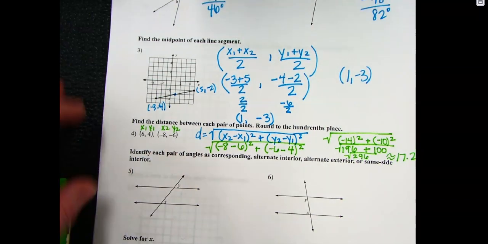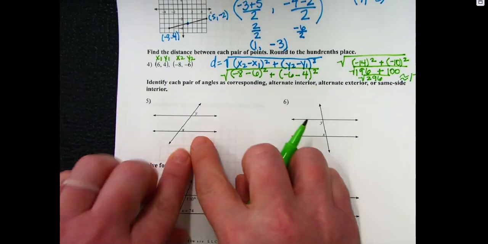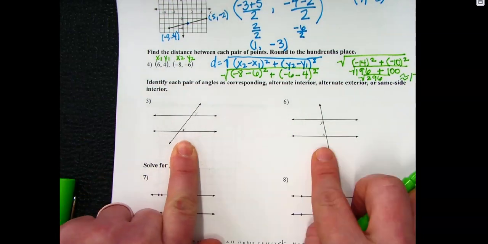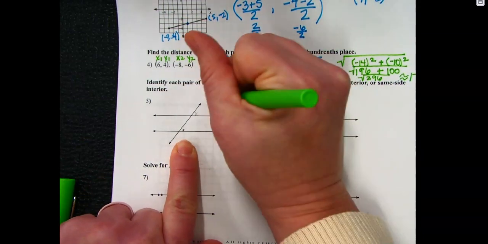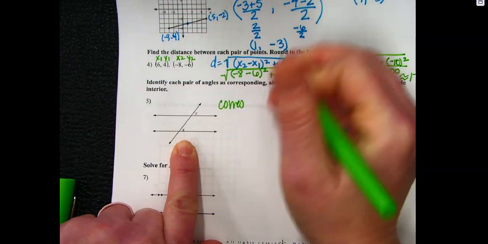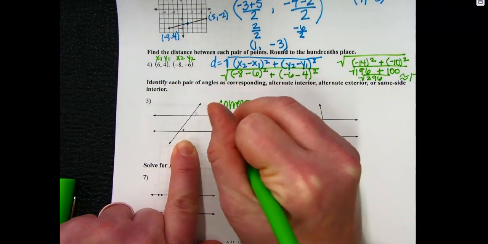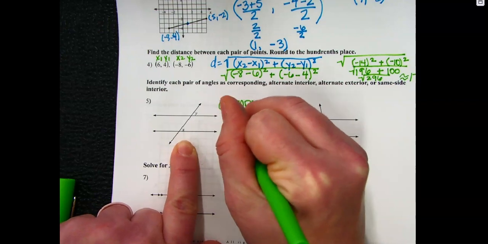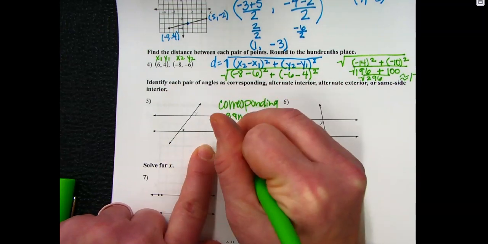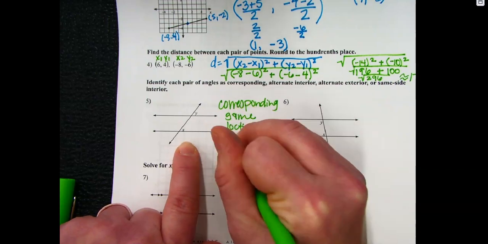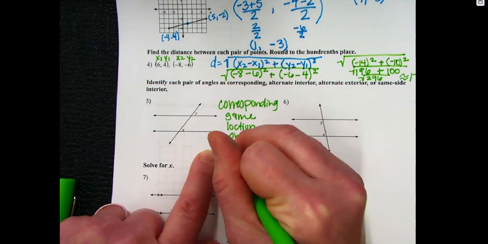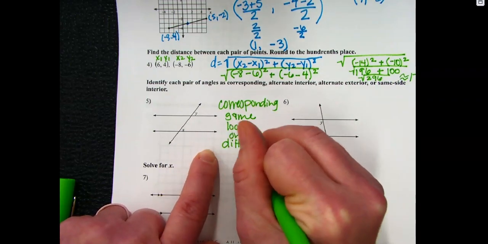Okay, all right, moving on to the next one. These, you are telling me what they are. These are corresponding. So you have to tell me how you know they're corresponding. They are the same location on a different parallel line.